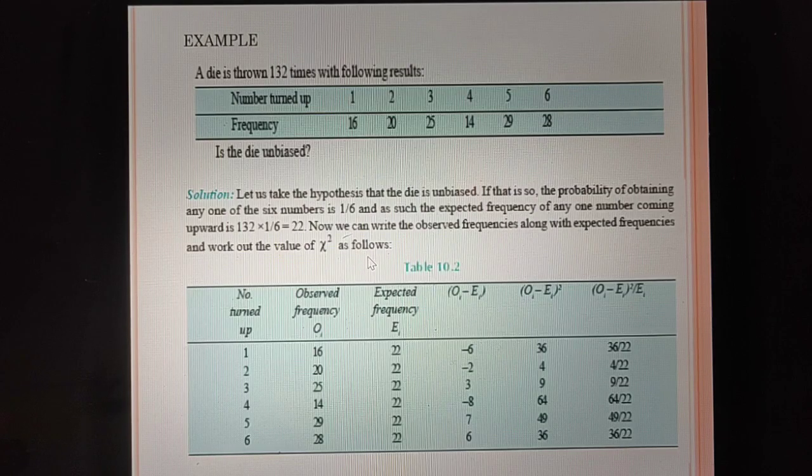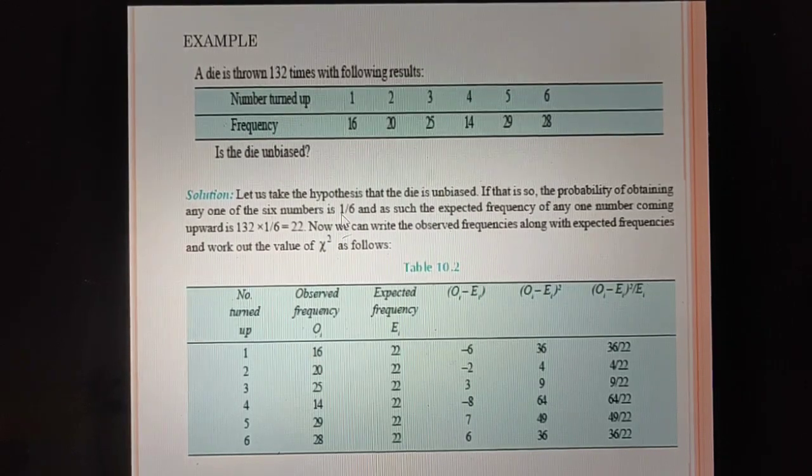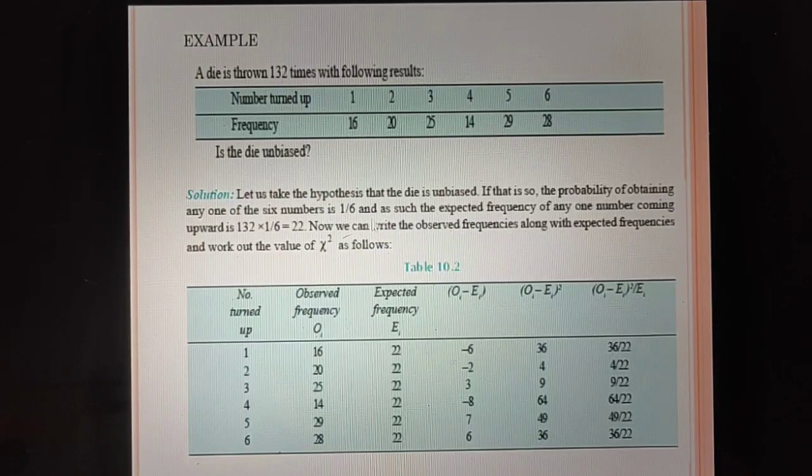For this we simply take our hypothesis that the die is unbiased. If this is so, the probability of obtaining any one of the 6 numbers is 1 by 6. Obviously the probability will be the same for the occurrence of 1, 2, 3, 4, 5 and 6, and as such the expected frequency of any one number coming up is 132 into 1 upon 6.